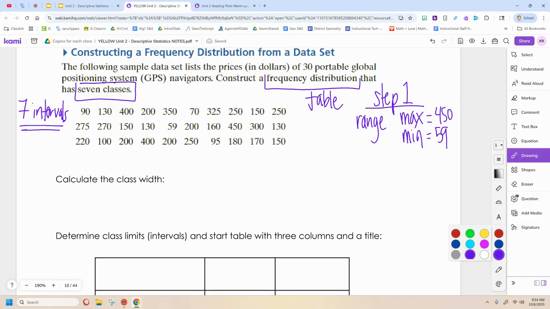Okay, so here we go. The class width calculation is 450 minus 59 divided by the desired number of classes, 7. Okay? If you remember from last class, I had you practice this calculation in your calculator. Can you do it? Let's get an answer.